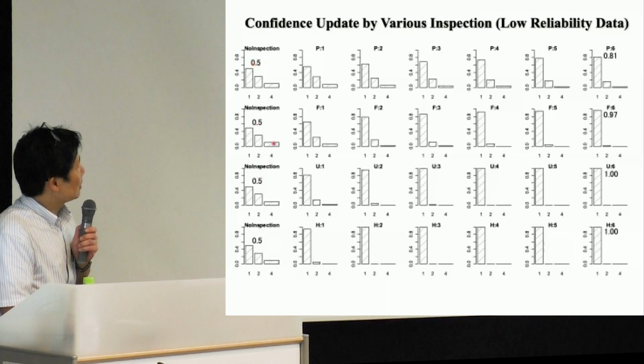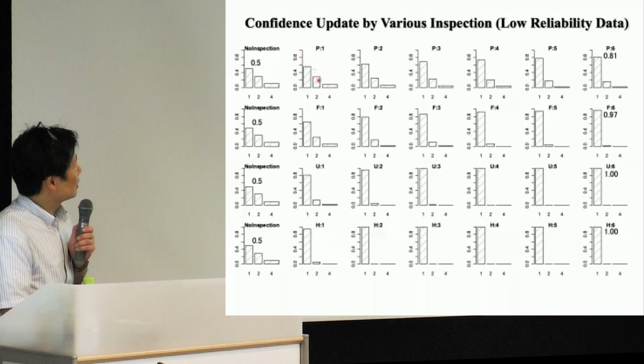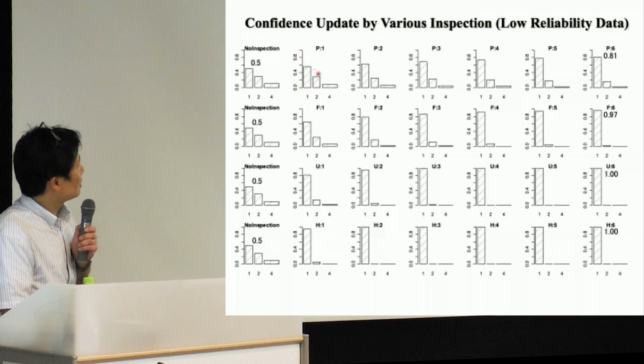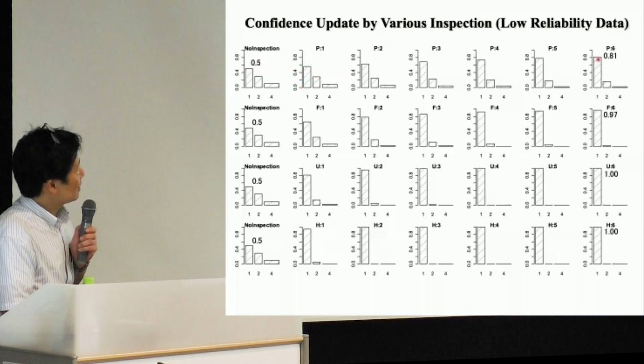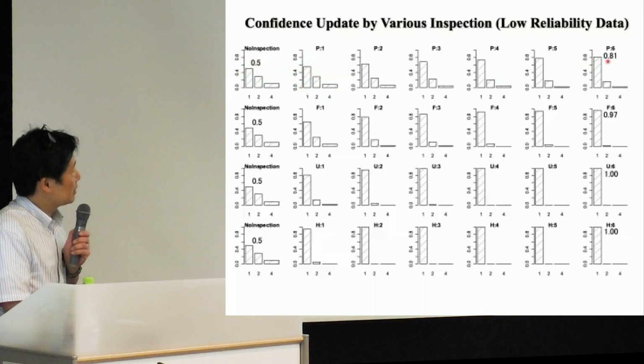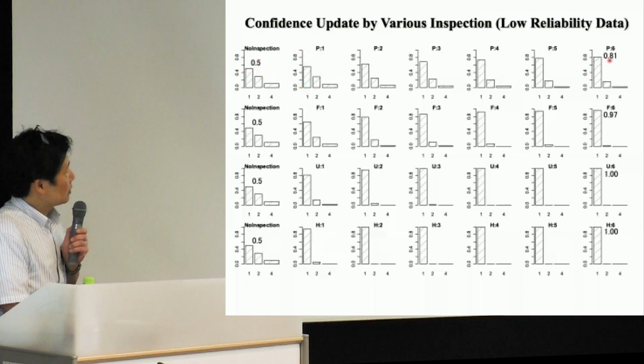But if you apply poor inspection technology, confidence is increased a little bit. And by repeating, for example, after 5 times, confidence increased to 0.8.